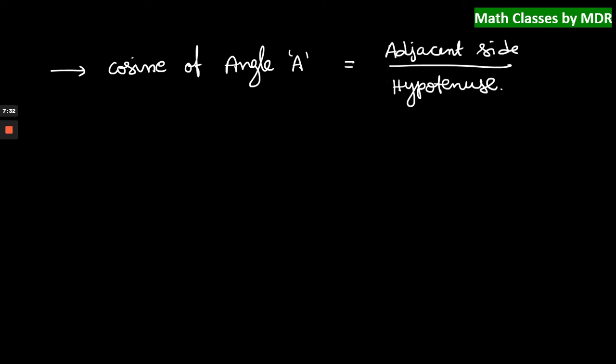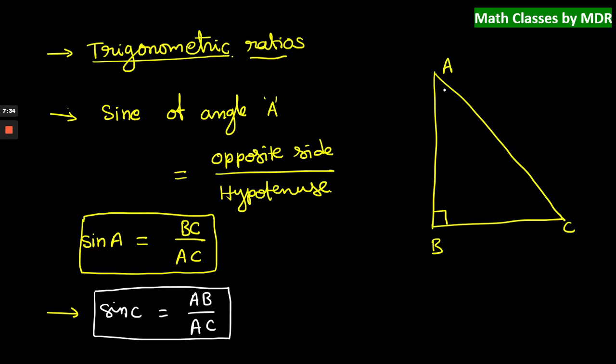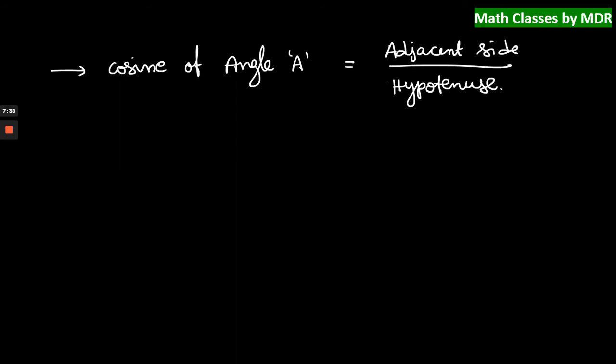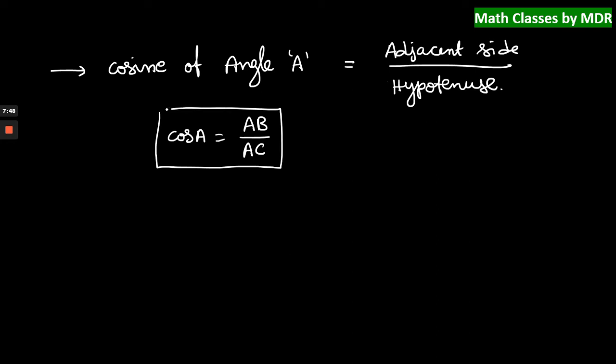What is the adjacent side to A? The adjacent side to A is AB, right? And the hypotenuse is AC. So we write the cosine of angle A as cos A, which is equal to AB by AC.